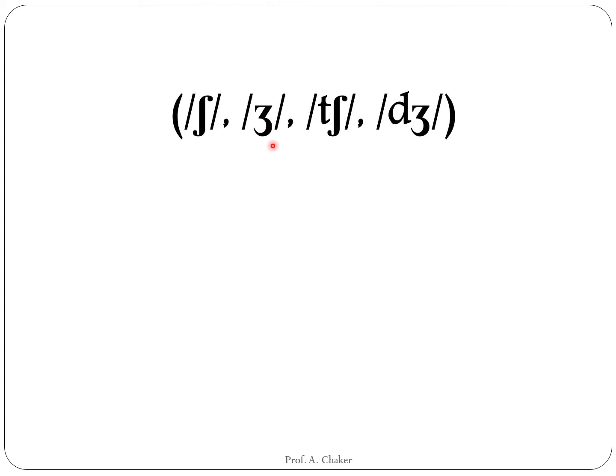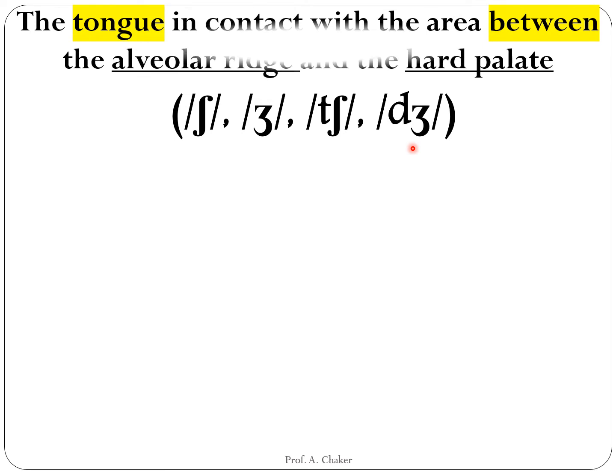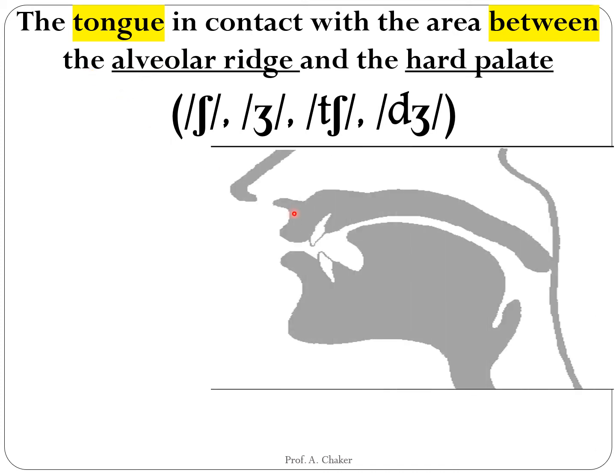Sh, zh, ch, j. Produced in the area between the alveolar ridge and the hard palate. Of course, in contact with the tongue. Look here, this area here. This is the alveolar ridge.